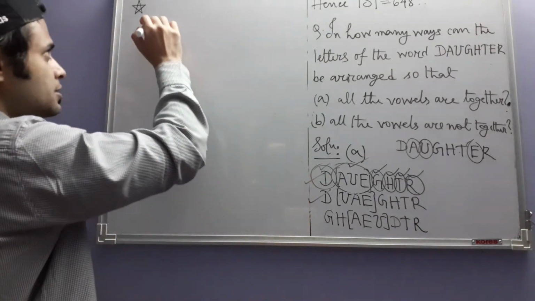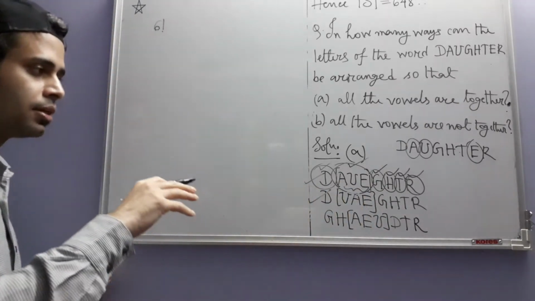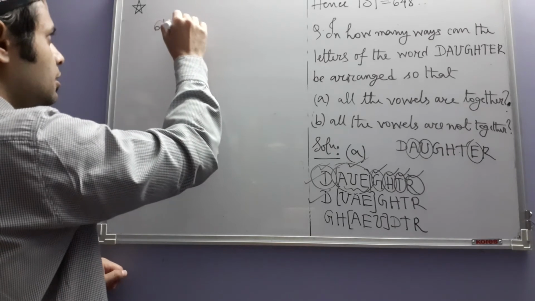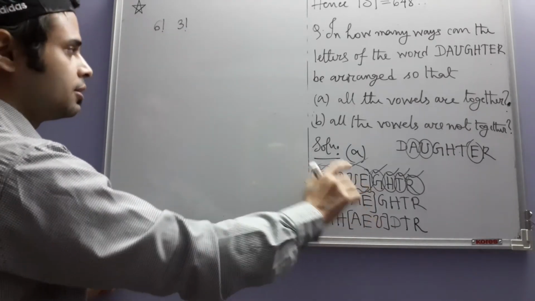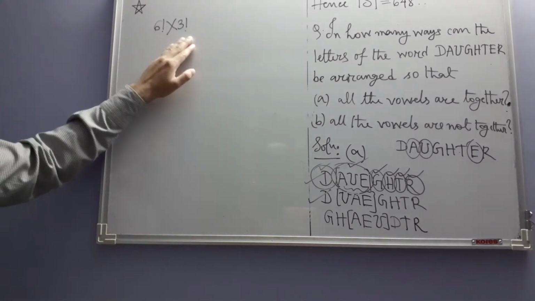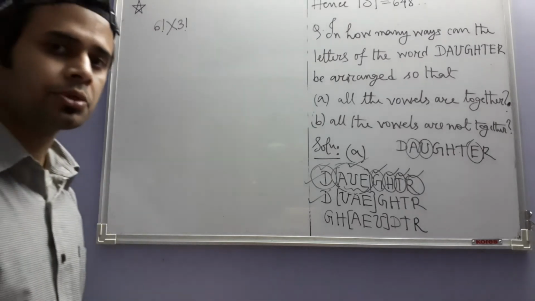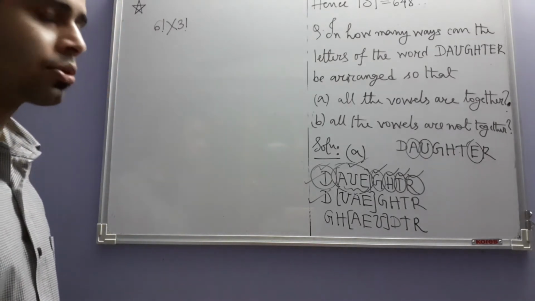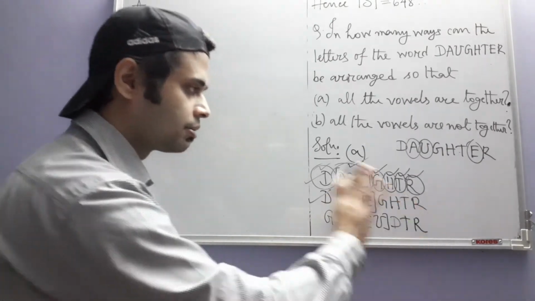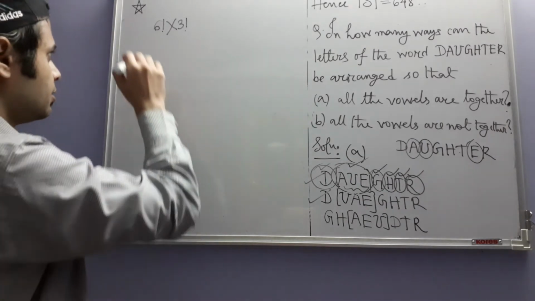For each of these 6 factorial arrangements, the inner letters can among themselves be arranged in a further 3 factorial ways, because they are 3 distinct objects. So the total number of permutations is 6 factorial times 3 factorial. This is also using the counting principle, but in a slightly more complicated way, and that makes sure that the vowels are together, right? And this is part A.